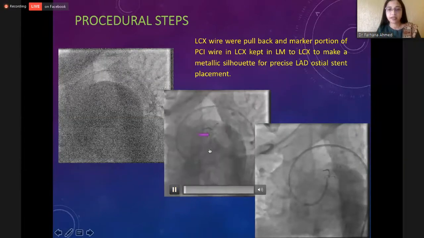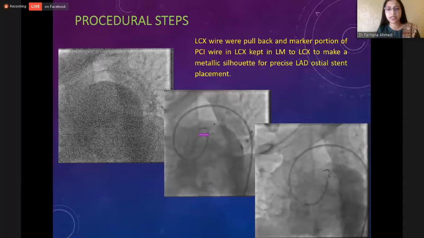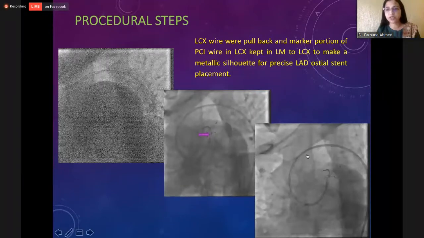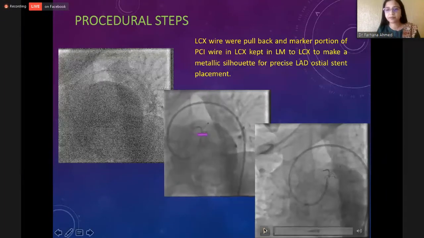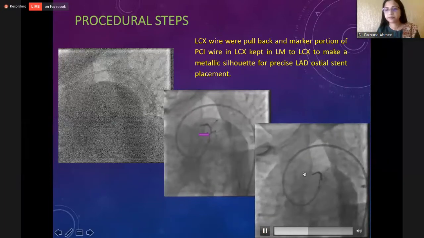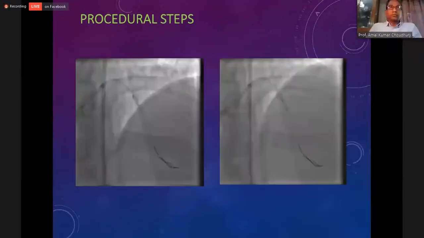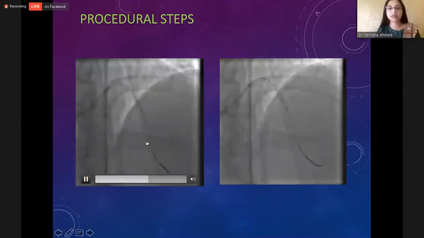To check whether we are in position, we injected 1 ml of dye for further confirmation of our position. Post dilatation was done.